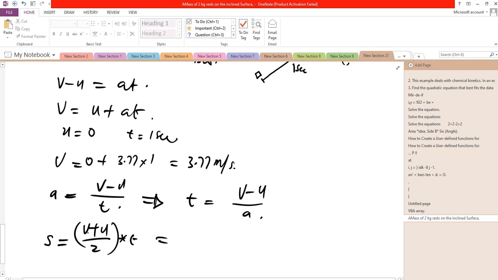The average speed is just adding the final and the initial velocity divided by 2, times time. Now you have v plus u all over 2 times the time, which is v minus u all over a.